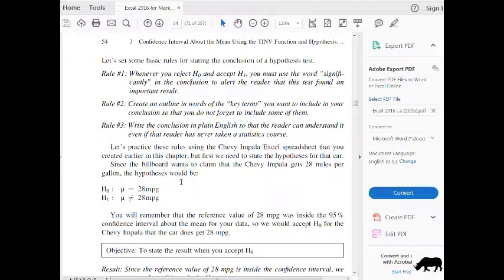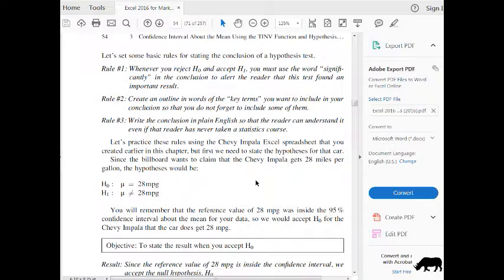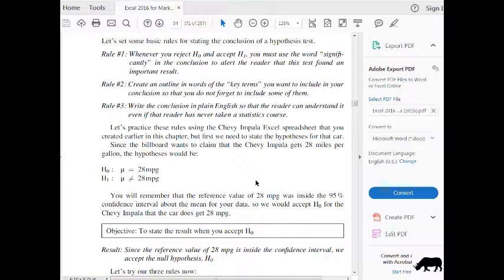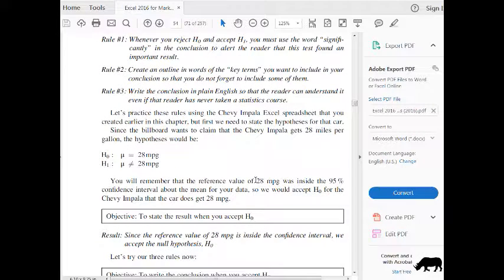Let's practice these rules using the Chevy Impala Excel spreadsheet that you created earlier in this chapter. But first we need to state the hypotheses for that car. Since the billboard wants to claim that the Chevy Impala gets 28 miles per gallon, the hypotheses would be H0: mu = 28 mpg, H1: mu ≠ 28 mpg.